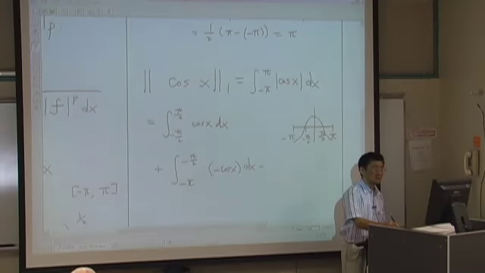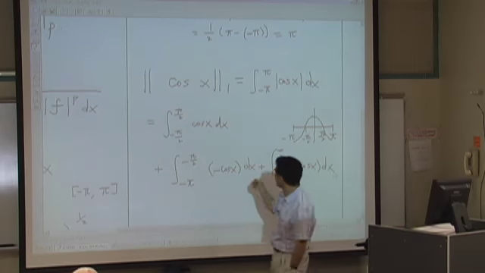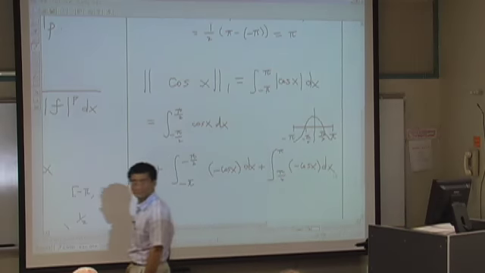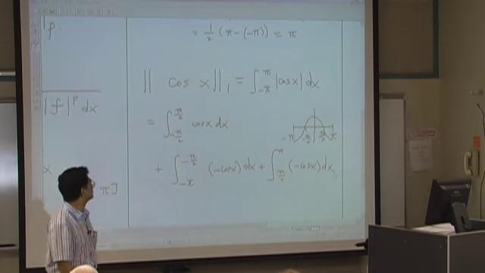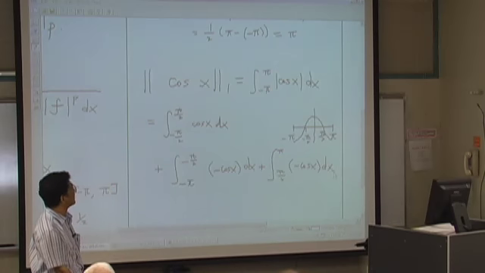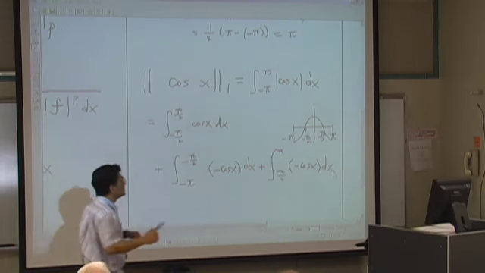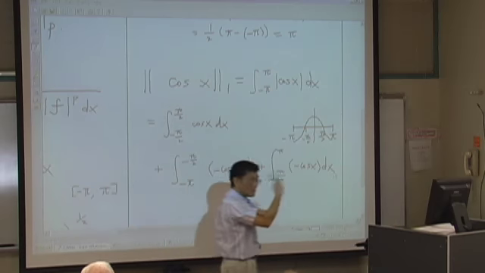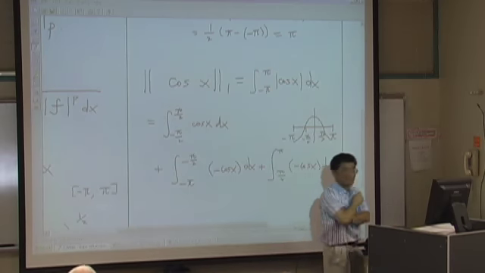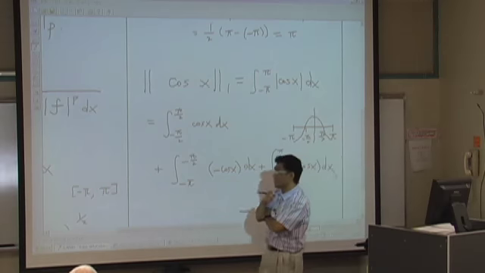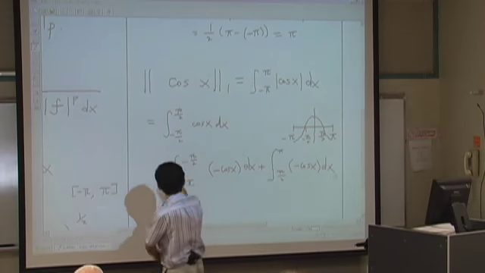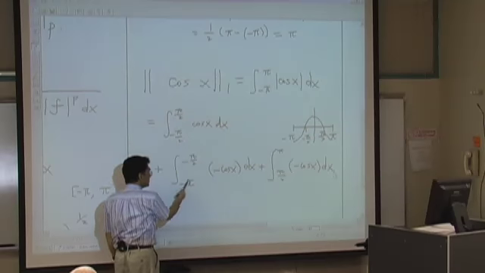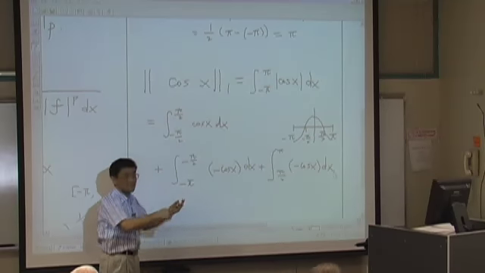Similarly, from pi over 2 to pi, negative cosine x is positive. Absolute value means the integrand should be non-negative. In this interval cosine is non-negative; in the other intervals negative cosine is non-negative.